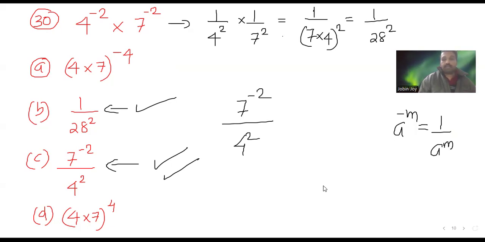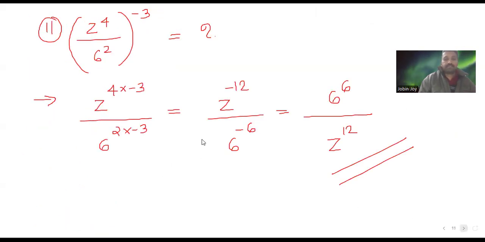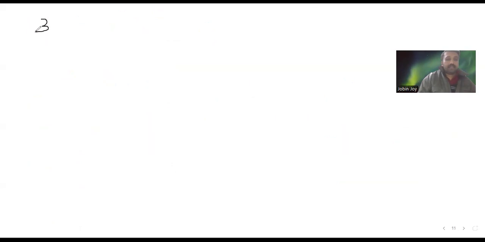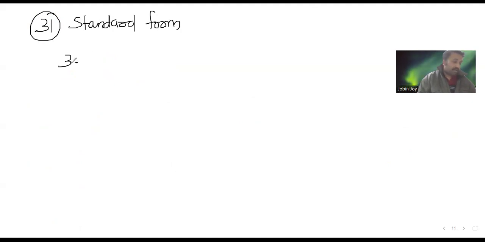Then question number 31. Express the number in standard form. We have to express the given number in standard form. So the number is 3.868 into 10 raised to 9.